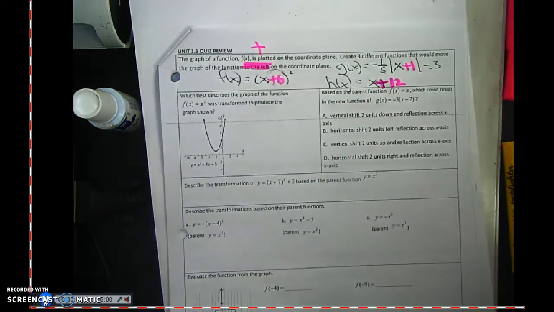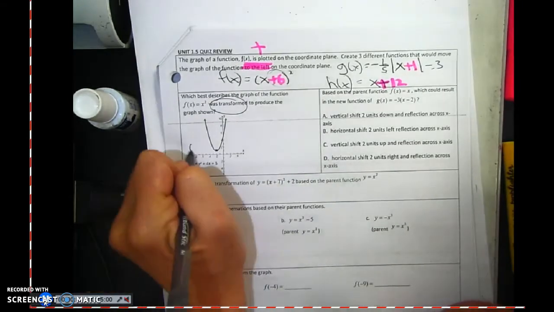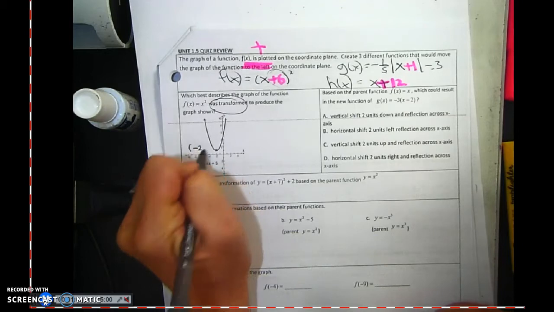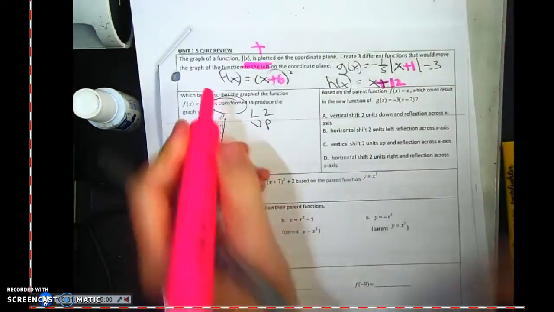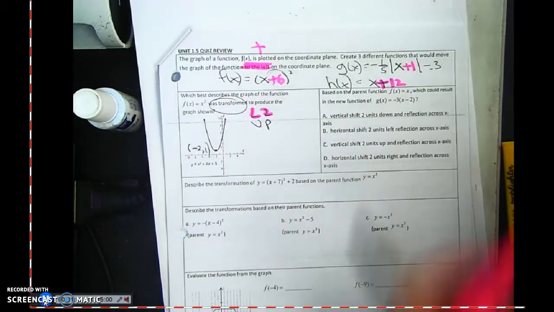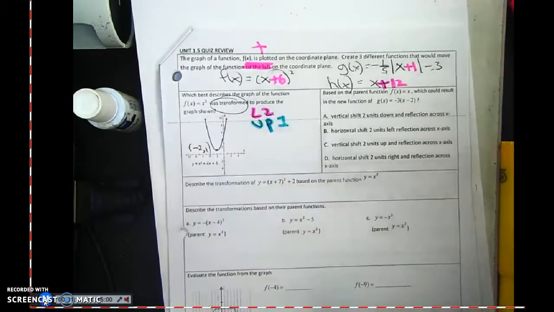All right, this one we'd need to talk about the transformation. So it looks like it's left 2 and up 1. Left 2 is horizontal, and then up 1 is vertical.